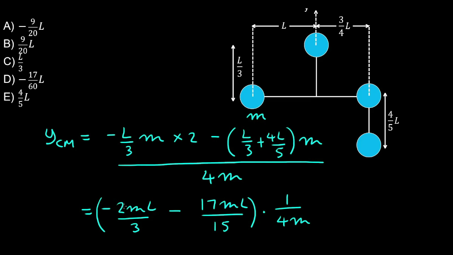So we have minus 10 minus 17, which is minus 27, on 15 by 4 is 60, which is equal to minus 9L on 20. So the correct answer is A.